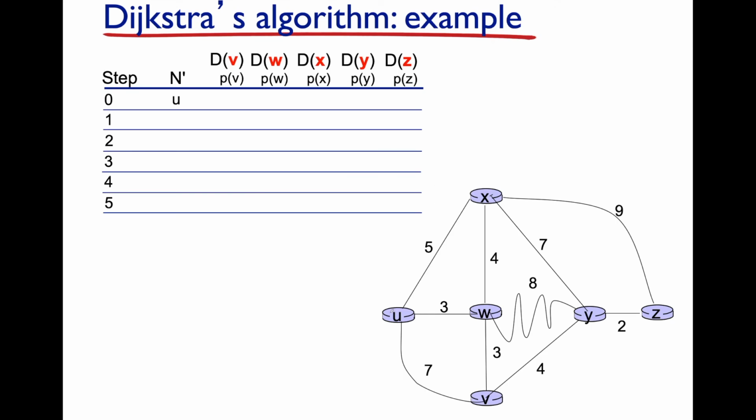And here I have nodes U, W, X, V, Y, and Z. So I'm going to start out running Dijkstra's algorithm in node U. That's going to be my source.